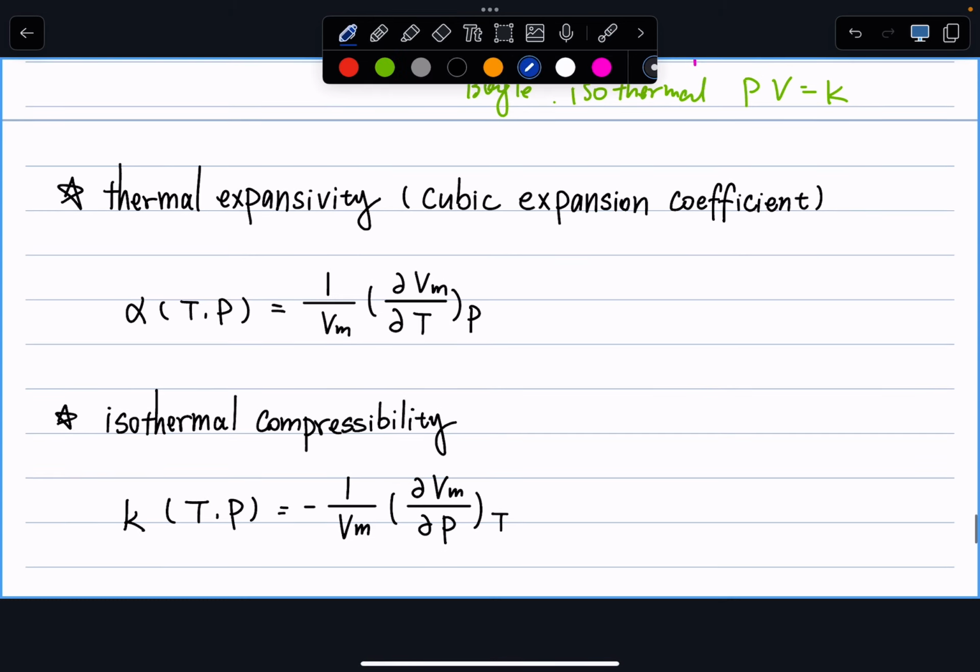Again, we have our ideal gas as P Vm equals RT, where Vm is our molar volume. You can also rewrite this as 1 over V, dV over dT at constant P and N. That's the same idea.